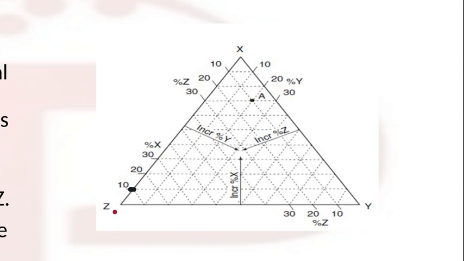And Y on XZ is 0, the line parallel to XZ will give the composition of Y and it increases towards Y. Understood?